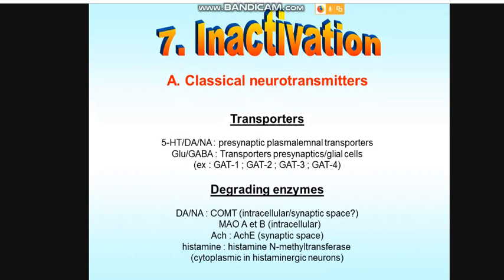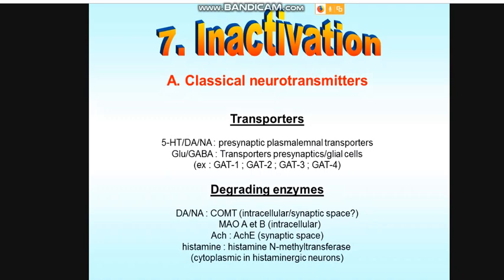Then we have acetylcholinesterase. Acetylcholinesterase is synthesized by different types of neuron and eventually released in the synaptic cleft or anchored in the plasmic membrane, so that the catalytic site is inside the synaptic cleft.